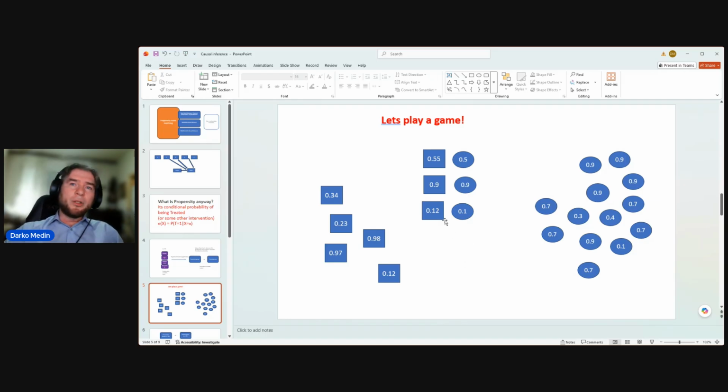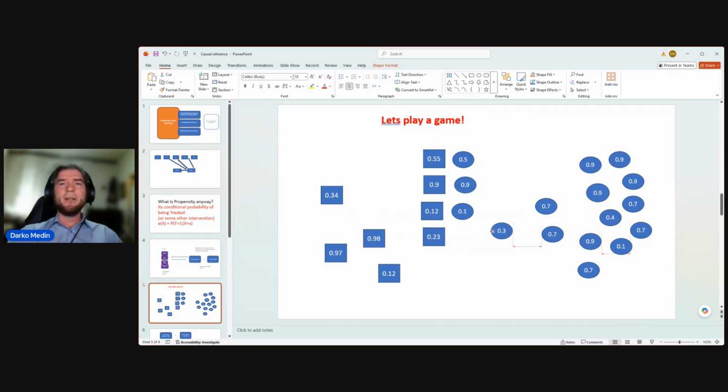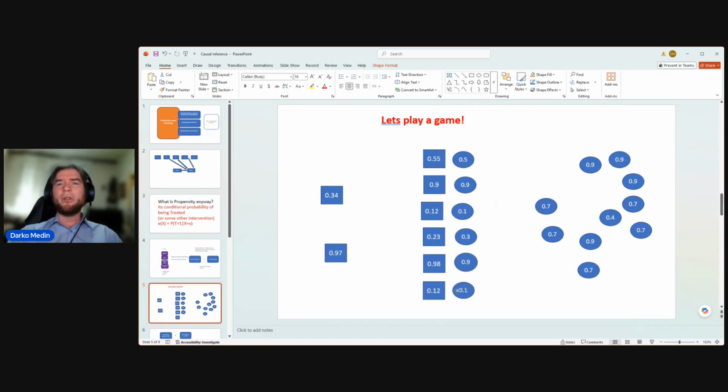Now, what's very important to understand is that we could theoretically continue with this process. I could try to find the closest match to each of these. And effectively, what I would be left with at the end is the fact that some of my patients will actually not have a match, right?